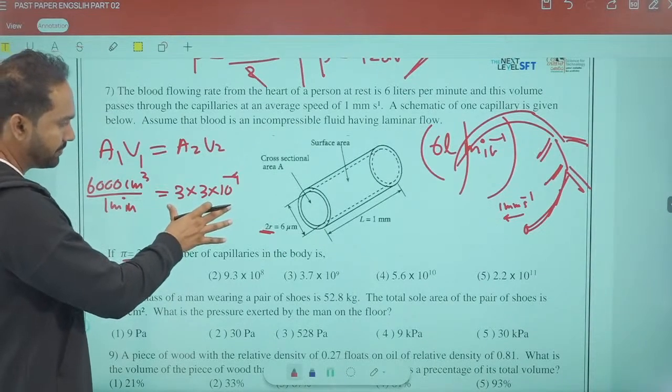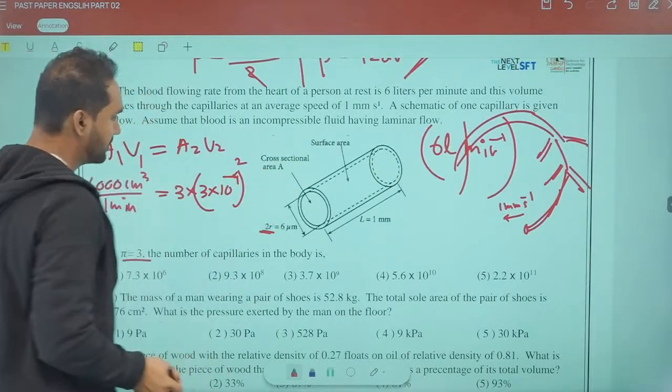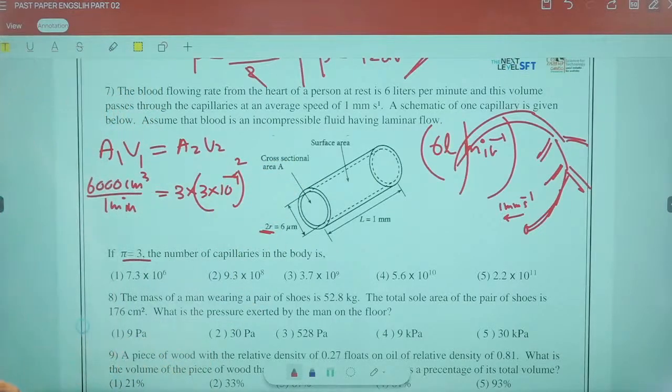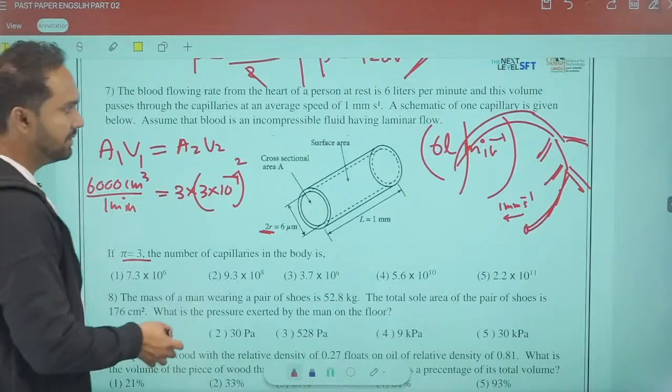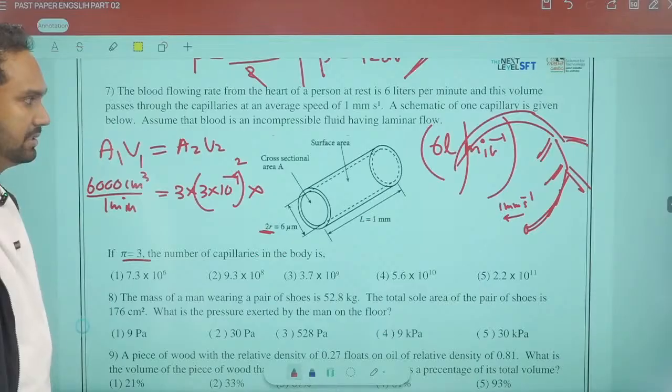Sorry, this is πr, we need πr square. This is πr square, the cross-sectional area, and this into the velocity, which is 1 millimeter per second.